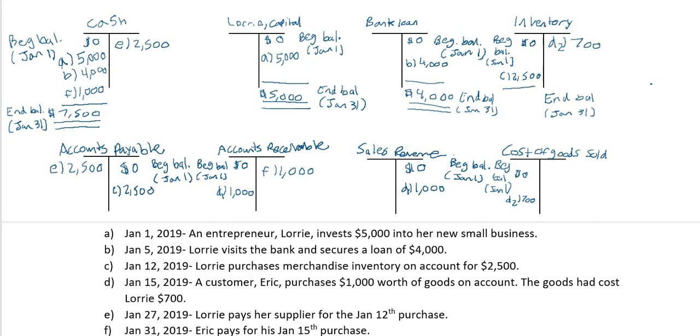We have debits of 2,500. We have credit of 700, which gives us a debit ending balance of 1,800. Dollar sign, double underline.